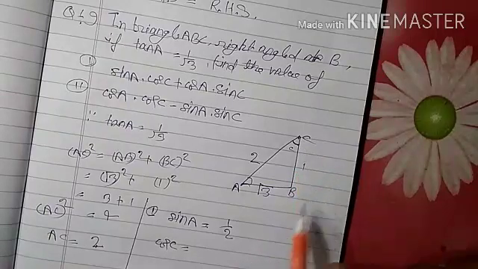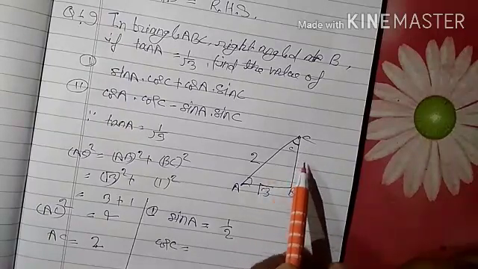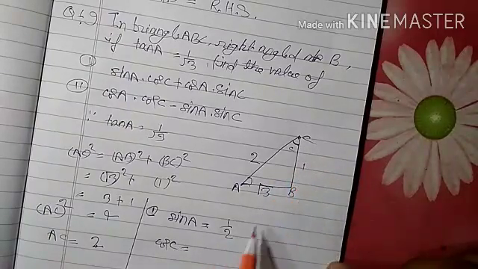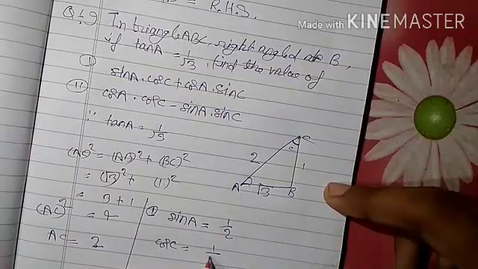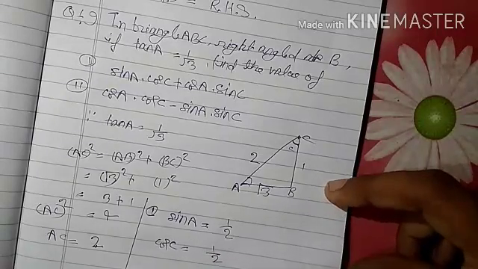For angle C, cos is equal to base divide hypotenuse, so base that is 1, hypotenuse that is 2.